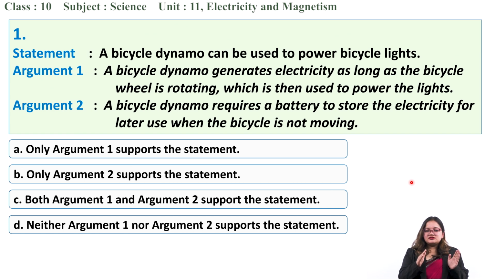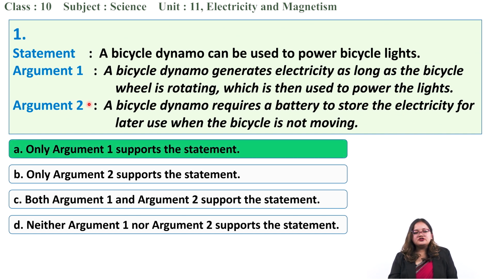The bicycle dynamo does not require a battery. If it required a battery, we would not be using the electromagnetic induction concept in this case. So argument 2 does not support the statement. With this information, I think you know the correct answer. Can you guess it now? Yes, only argument 1 supports this statement.